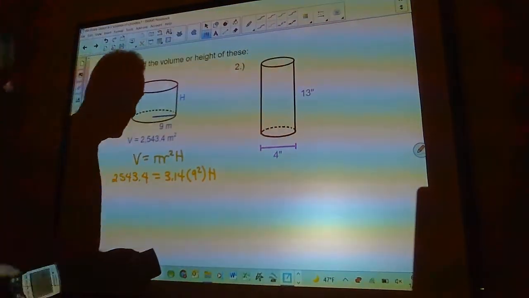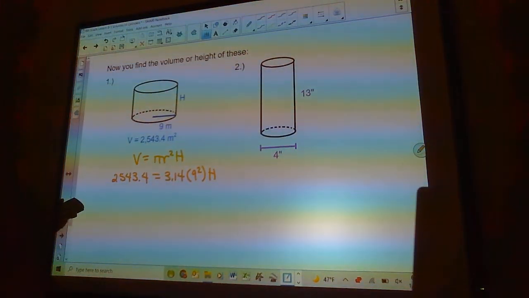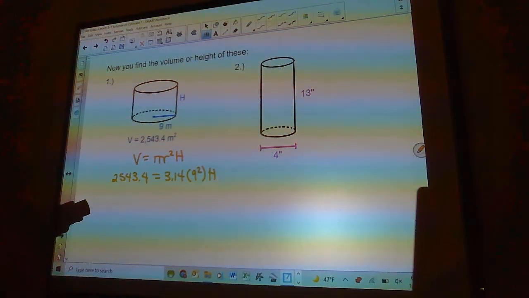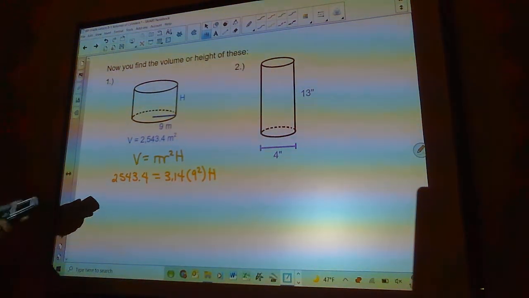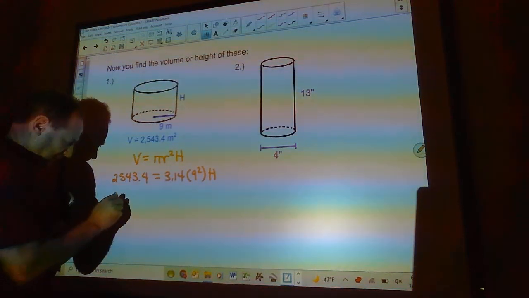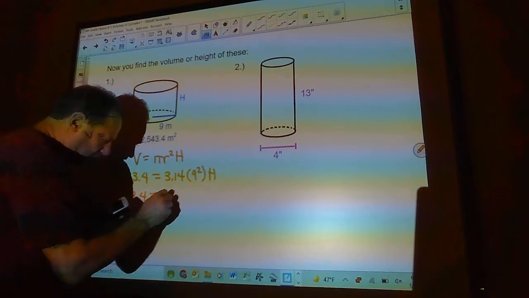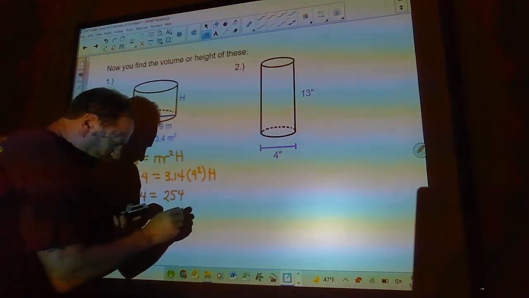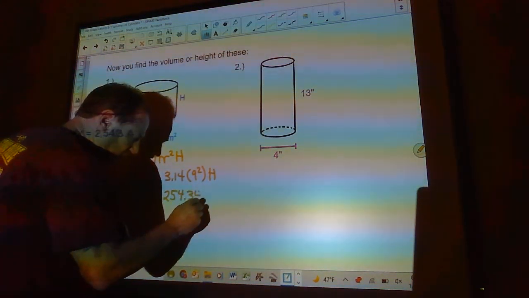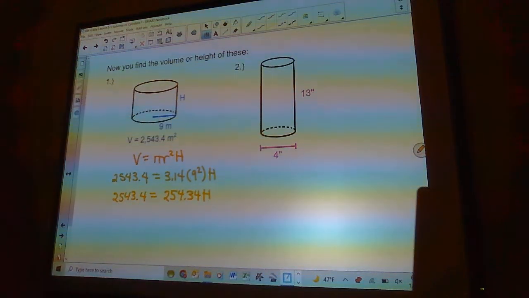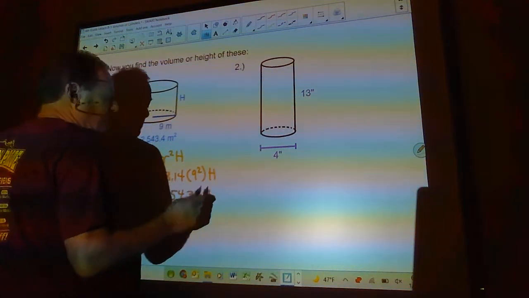Get out my handy-dandy TI-84 plus C Silver Edition graphing calculator. 9 squared is 81 times 3.14. So this is 2,543.4 is going to equal 254.34 times h. And I think you could probably do this in your head at this point.